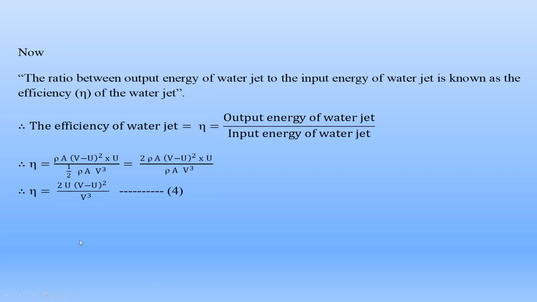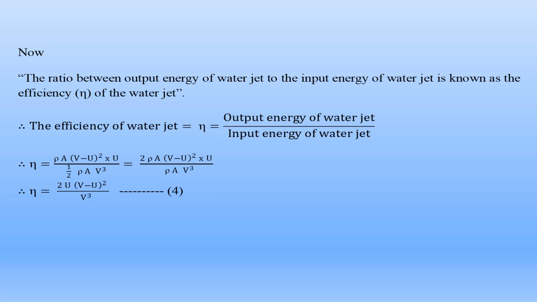So here the efficiency of the water jet, nu, is equal to the output energy of the water jet. What is this output energy? The work done by the water jet on the flat plate per second, from equation 2, rho A (V minus U) whole square into U. It is also called the output energy of the water jet.